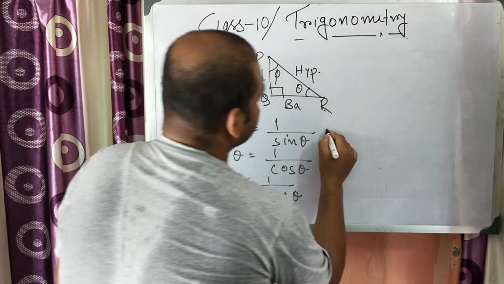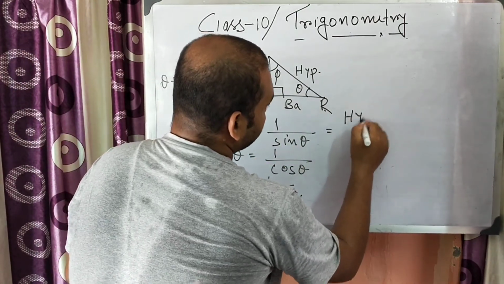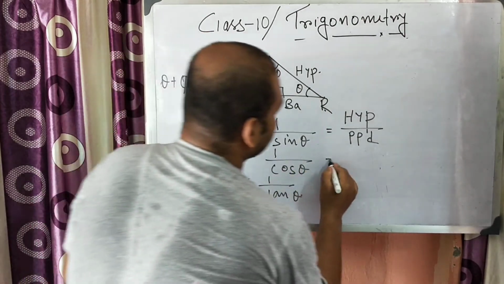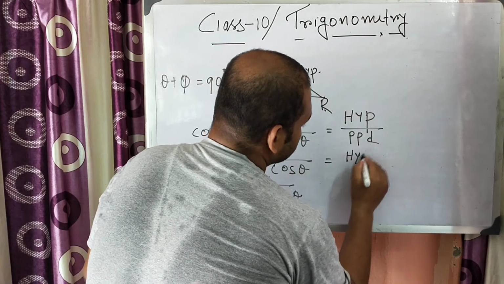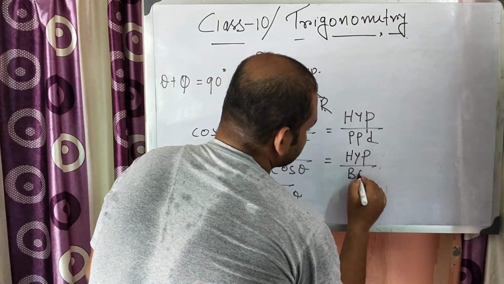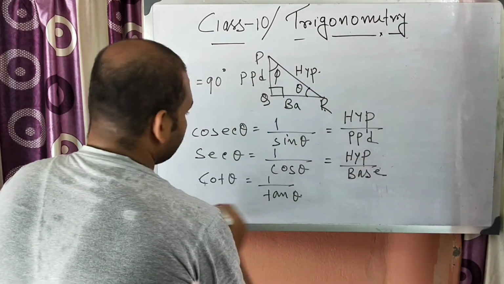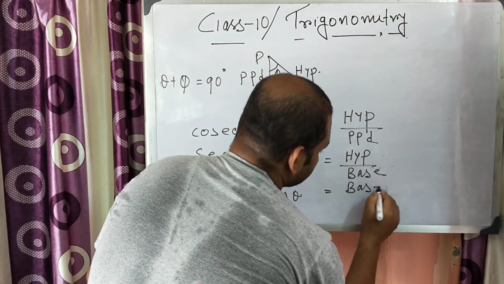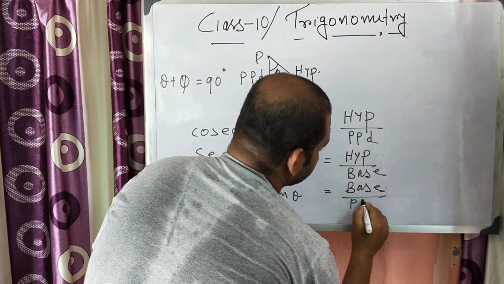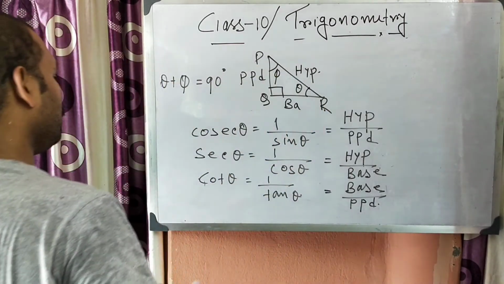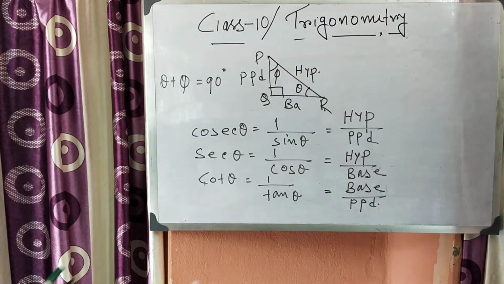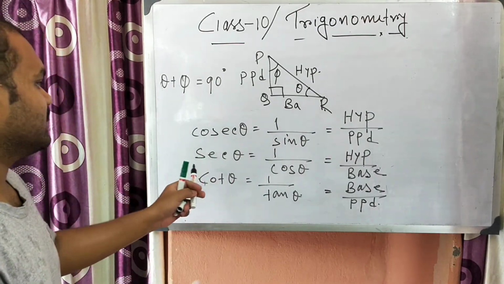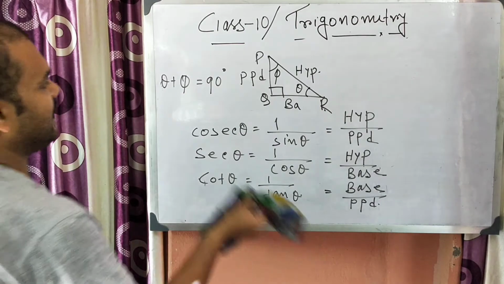Because cosec theta is equal to hypotenuse by perpendicular, sec theta is equal to hypotenuse by base, and cot theta will be base by perpendicular. So this is the relation between sin and cosec, cos and sec, and tan and cot.